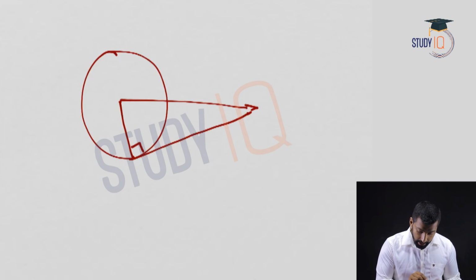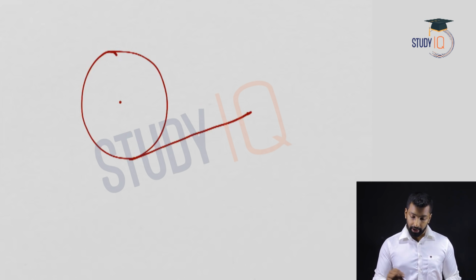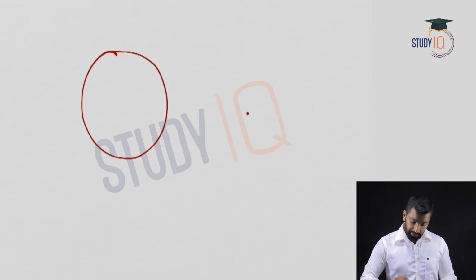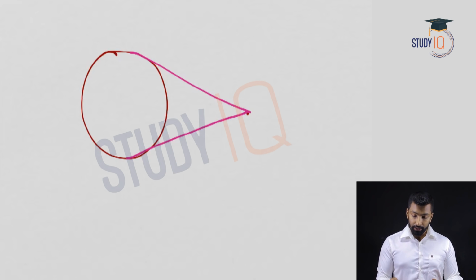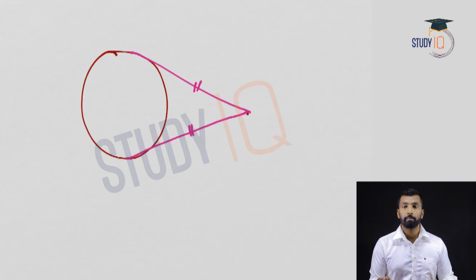Otherwise, if you see this point, the other way in which you can proceed is, you can drop a tangent like this, you can also drop a tangent like this. The next property that we have seen is that these two will be equal.